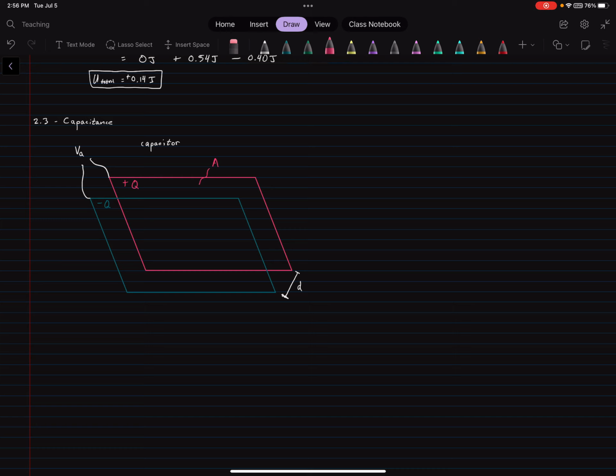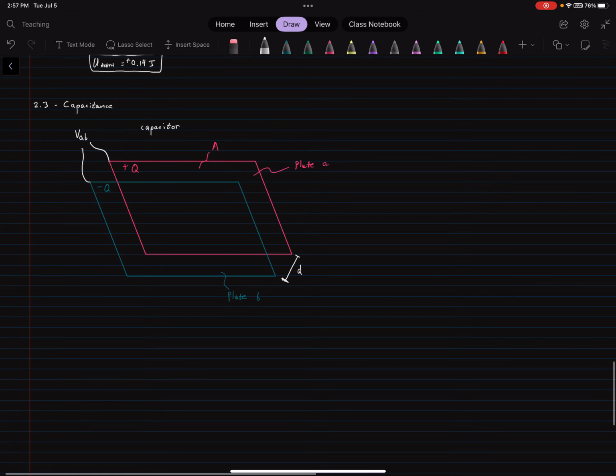I'll say this is plate A, and this is plate B. And so the potential difference, VAB, exists between the two plates, right?